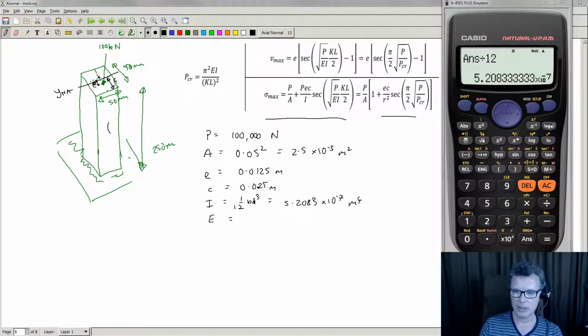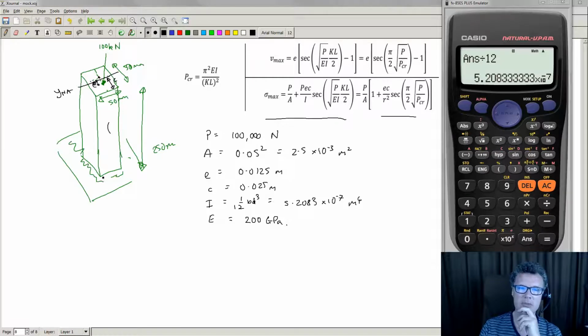So the E is 200, so that'd be 200 gigapascals. Okay, yeah. So I'm going to use 200 gigapascals there. What about the K? So the question is, can you remember your K terms?